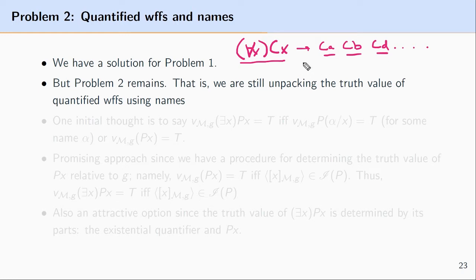The issue here isn't that we don't have enough names, because the language of predicate logic provides you an infinite number. The issue is that there is no guarantee, or there's just this unwarranted assumption, that every item in the domain is named.